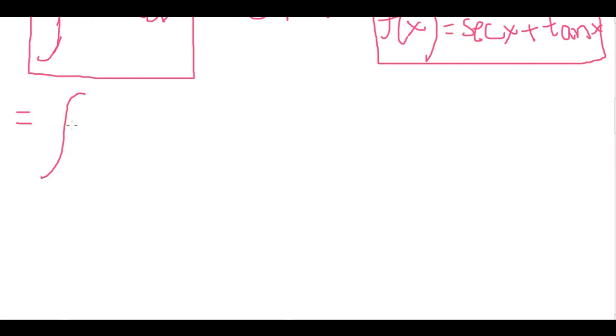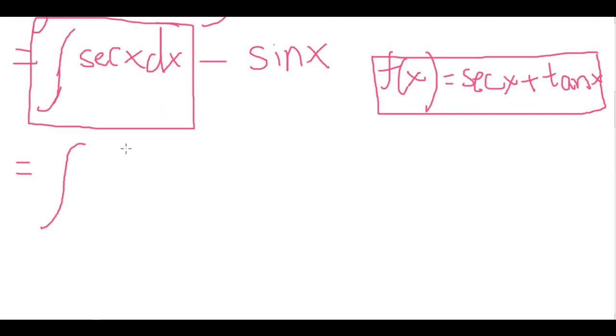If I multiply and divide by f of x, it just becomes secant square x plus secant x tan x.